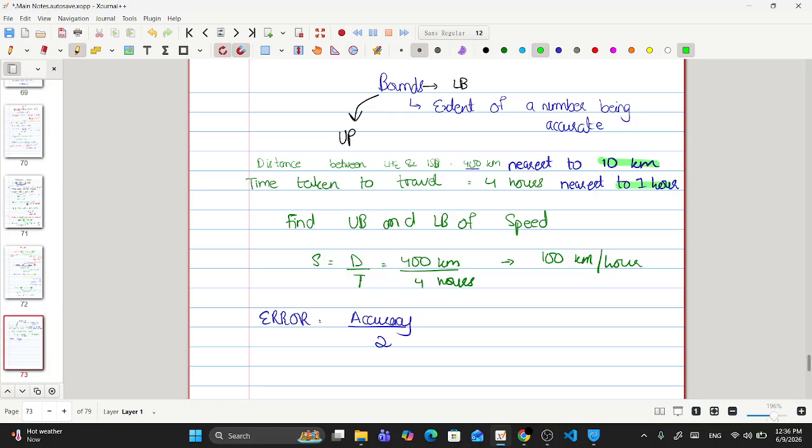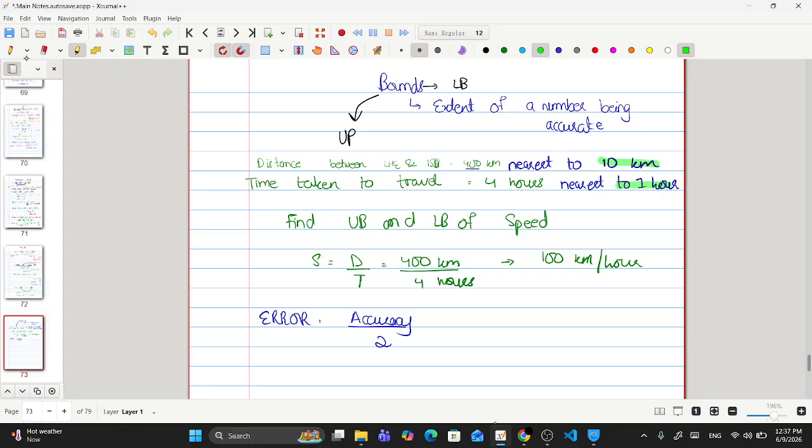Now, 400 kilometers nearest to 10 kilometers can also mean that the distance is roughly 396 kilometers, or it can be 403 kilometers. It doesn't have to be exactly 400, right? 4 hours doesn't have to be exactly 4 hours on the dot. It can be 3 hours and 57 minutes as well, and it can also be 4 hours and 5 minutes, right?